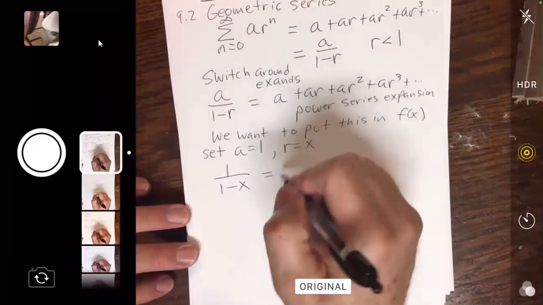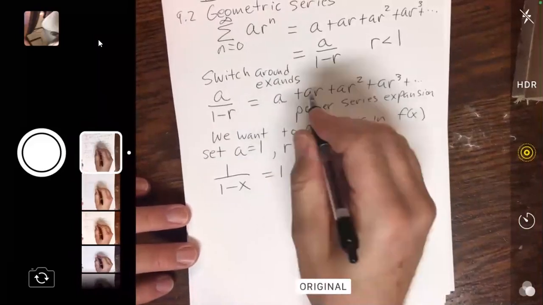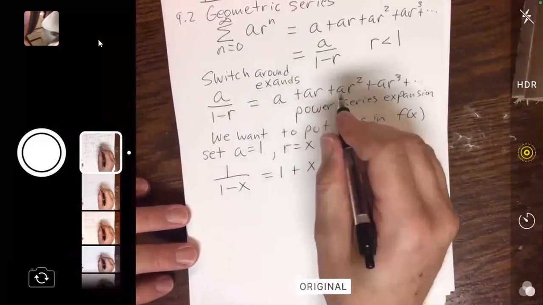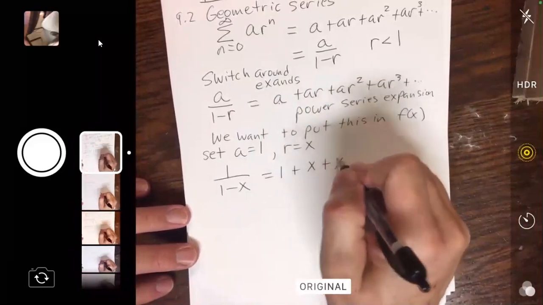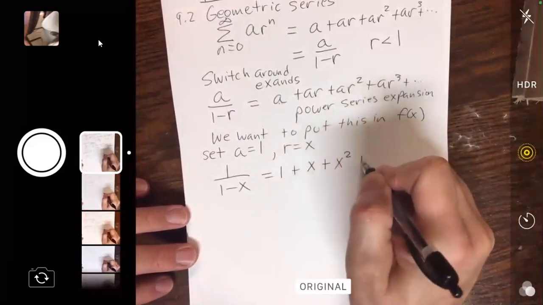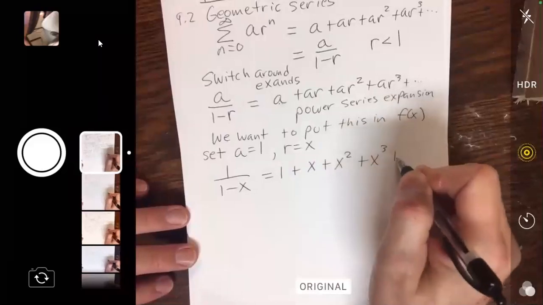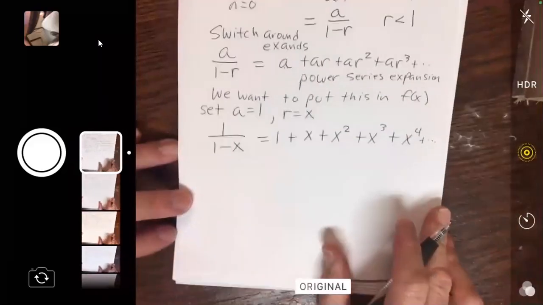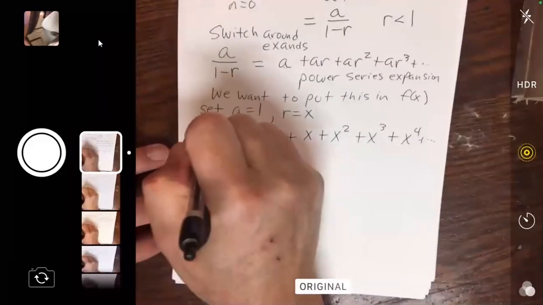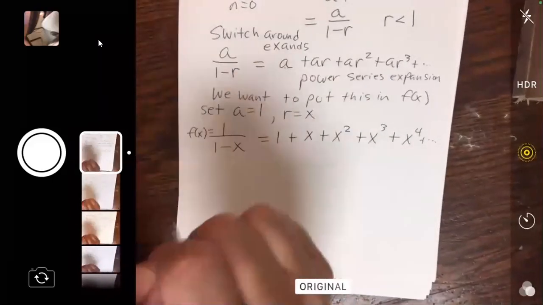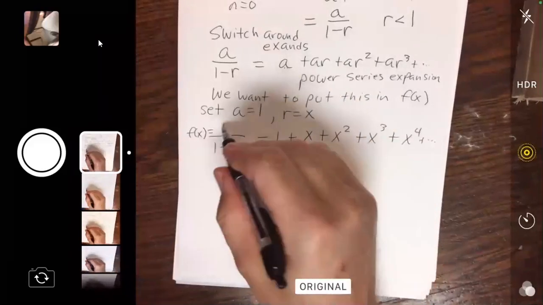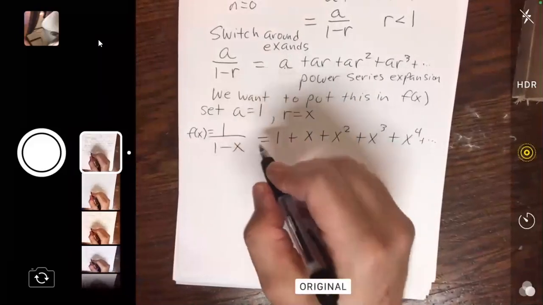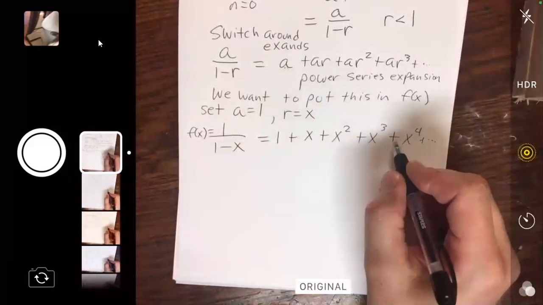So we get 1 plus 1 times x, 1 times x squared, 1 times x cubed, 1 times x fourth, and so on. We'll call this f of x. This is our first basic formula. 1 over 1 minus x expands to this.